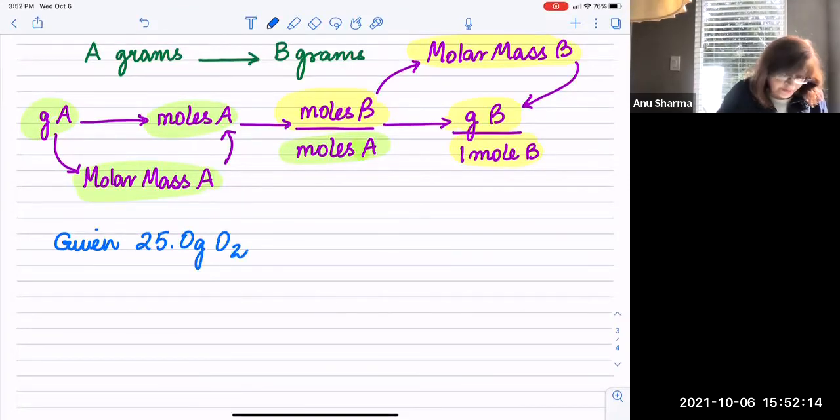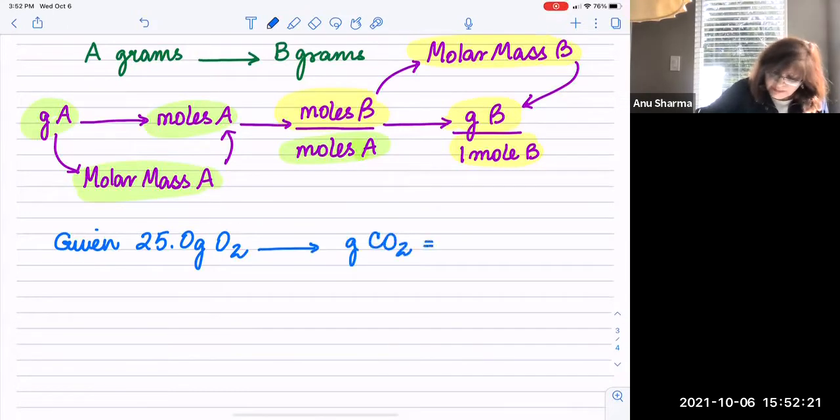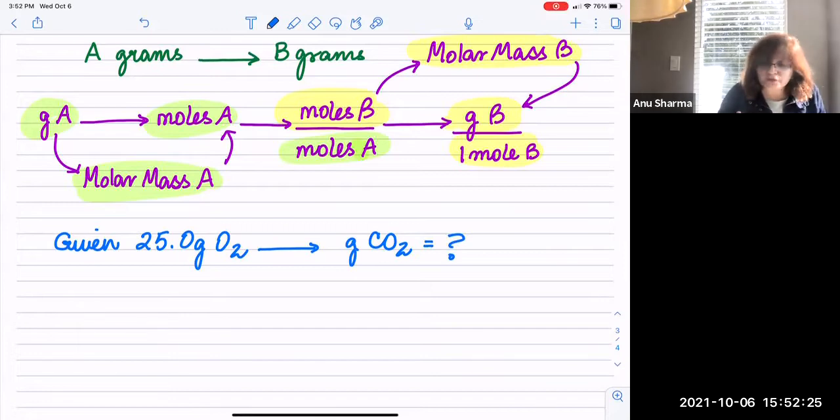Using this equation in the sample, calculate the grams of CO2. How many grams of CO2 can be produced when 25 grams of oxygen react?